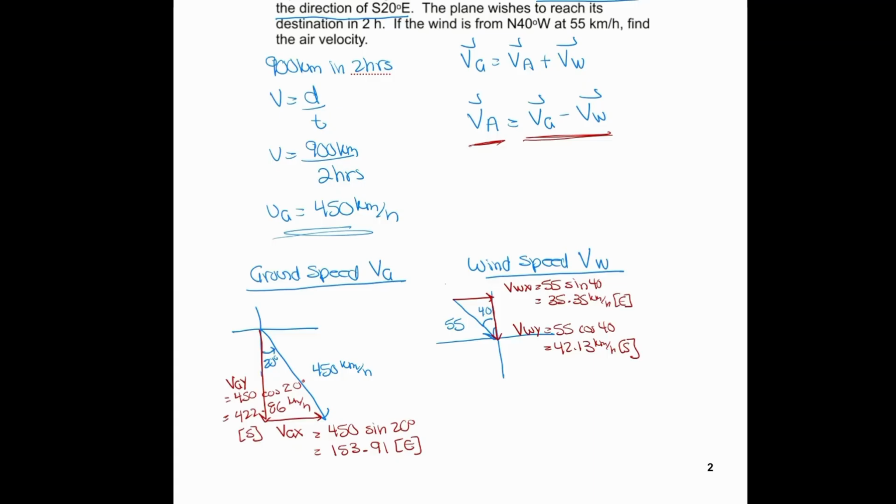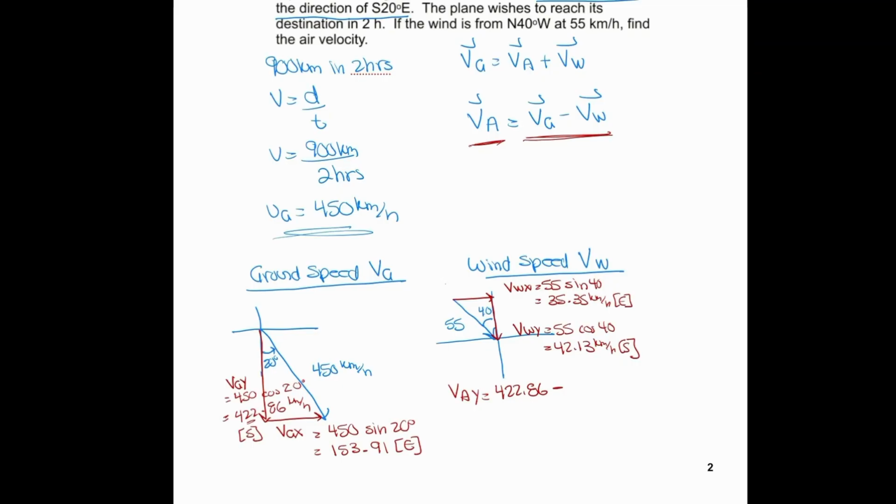Okay, so our airspeed in the y direction is going to be equal to our ground speed in the y direction, so 422.86, minus my velocity in the y direction for the wind, because it's pushing it.